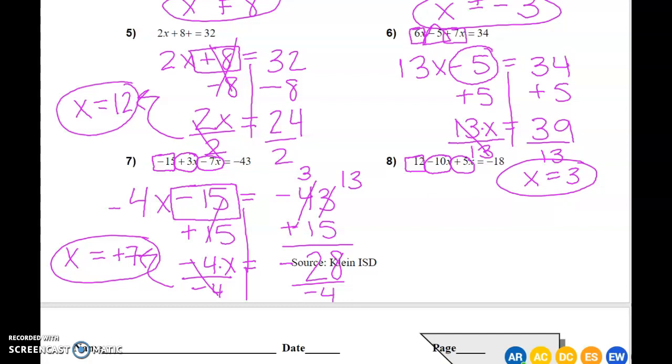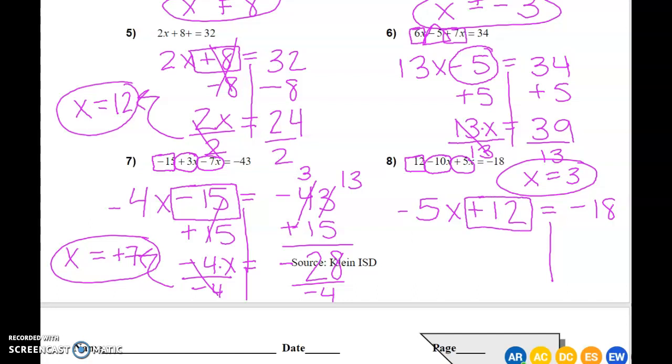So I'm going to subtract. 10 minus 5 is 5x, and then I'm going to keep the sign of the larger number. 10 is bigger than 5, and 10 is negative, so I'm going to be negative. And then I still have this 12, and it's a positive 12, so I'm just going to write plus 12 equals negative 18.